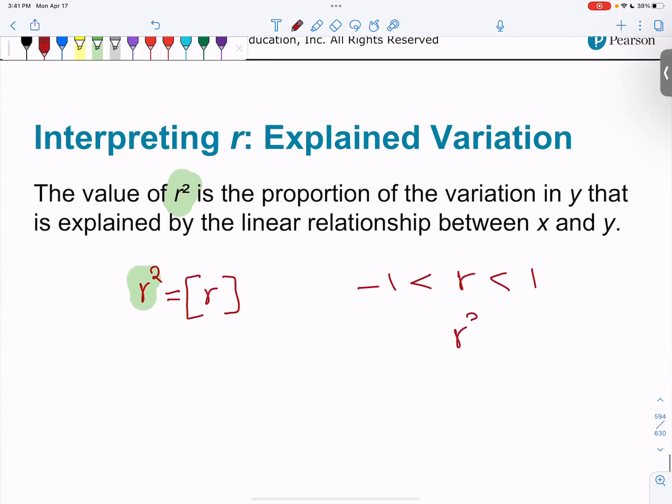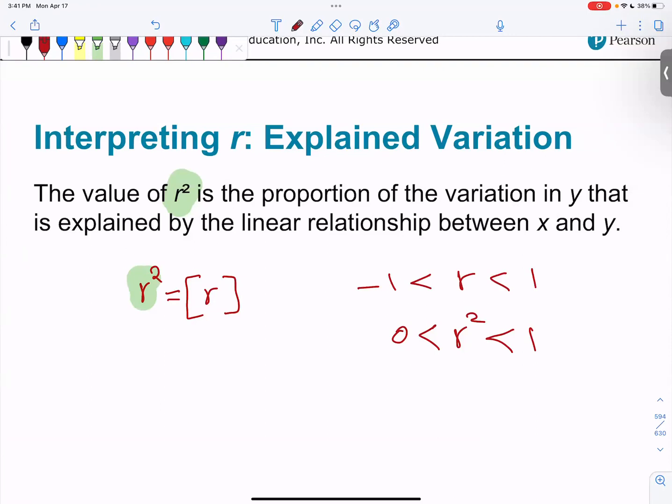But R squared, since it is squared, it will be between 0 and 1. So this proportion, or this value, will represent the explained variation using the X. So this one we should study after in the next chapter.